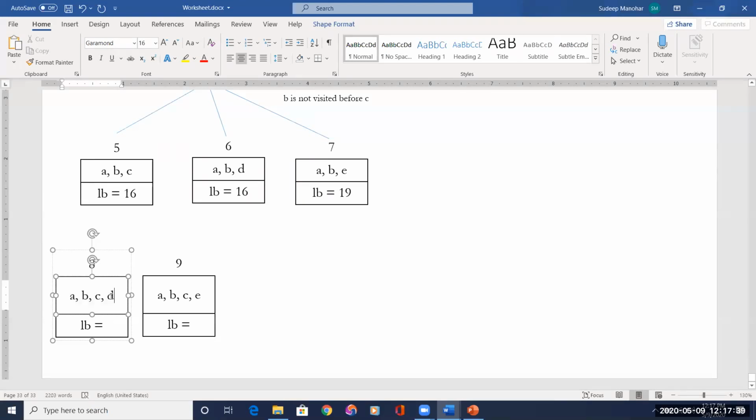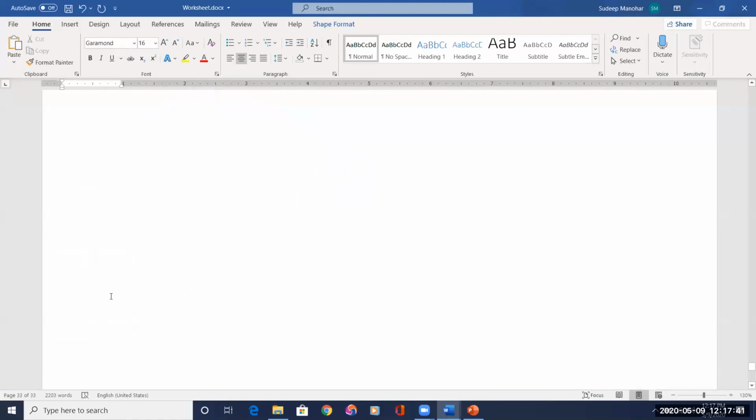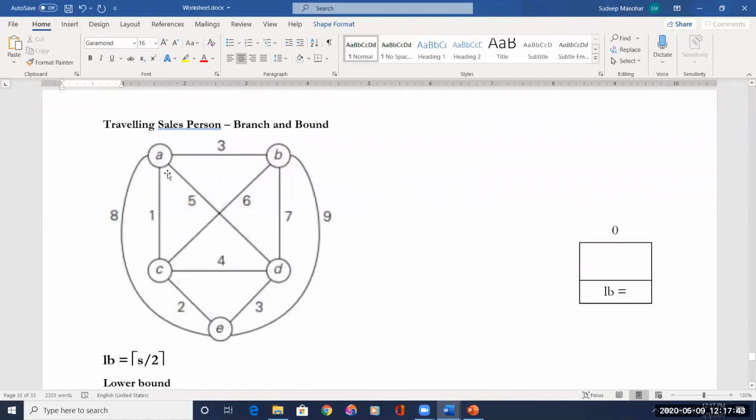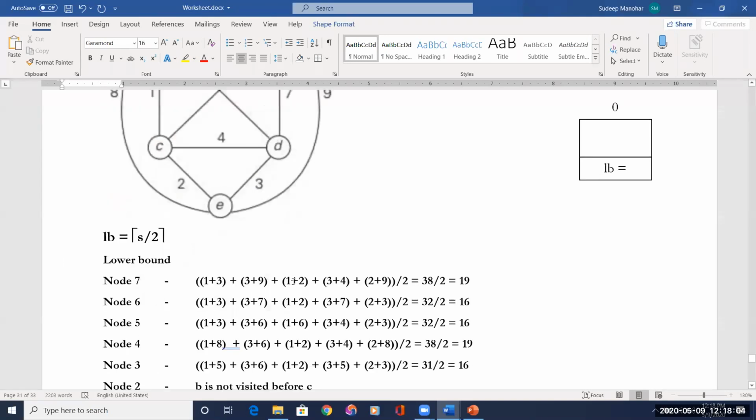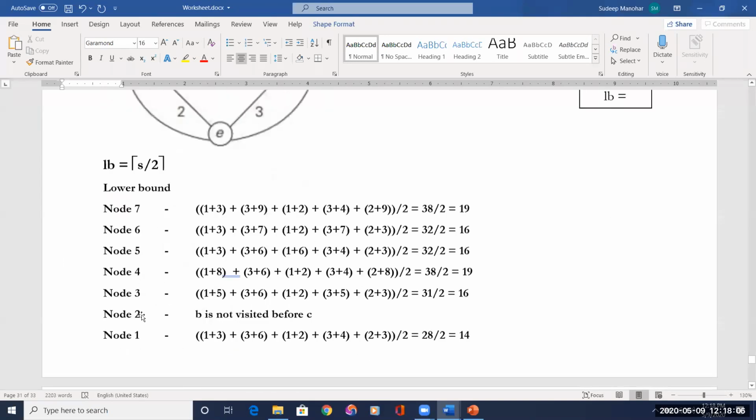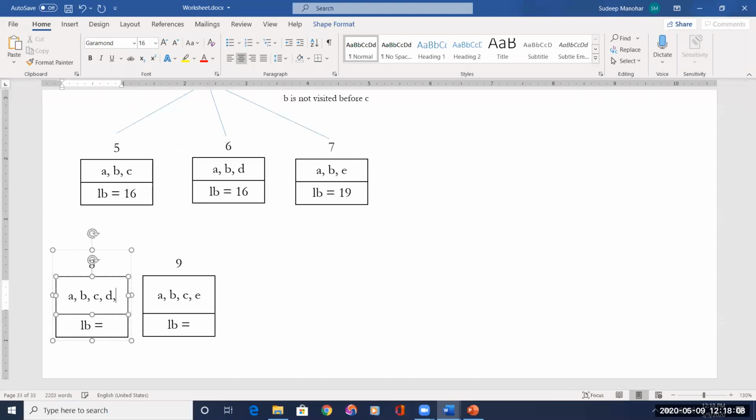Only vertex left is E. You have to see the diagram and you have to decide. A, B, C, D you have considered. Only left is E. See if there is a path to E. Yes, there is a path to E. You consider this. And from this vertex, you have to reach back to the starting vertex. That is A. See if there is any path to this. There is a path. So if there is a path, you have to consider this. A, B, C, D, E, A. So that you are writing in this last node. Because there is no other option.